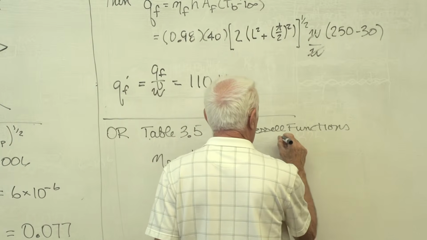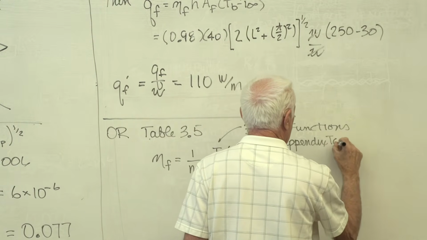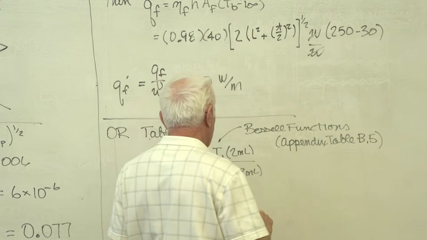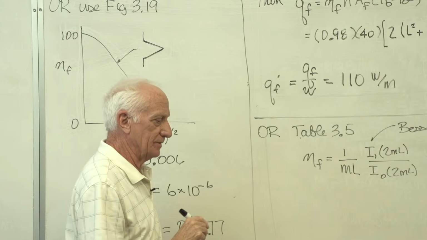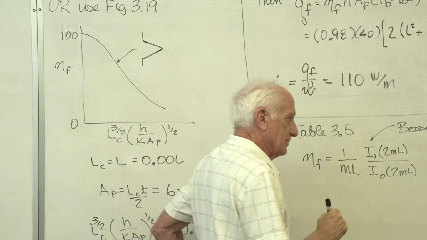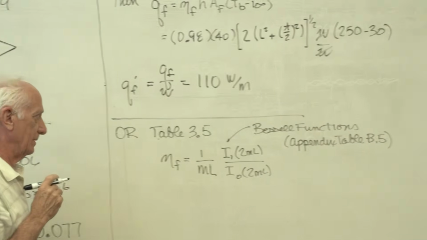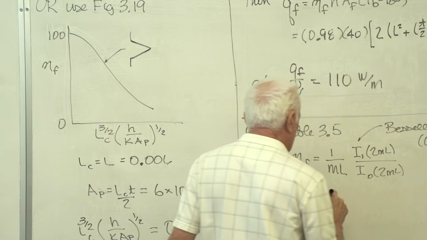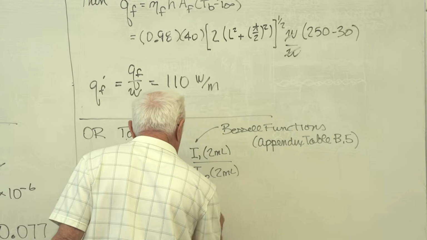Table B.5. Where what's in the parentheses is called x in the table. 2ml equals x in the table. Because the table has the first column titled x, and then it has I1 of x and I0 of x. So you go back there and get that, and you end up with the efficiency 0.960.